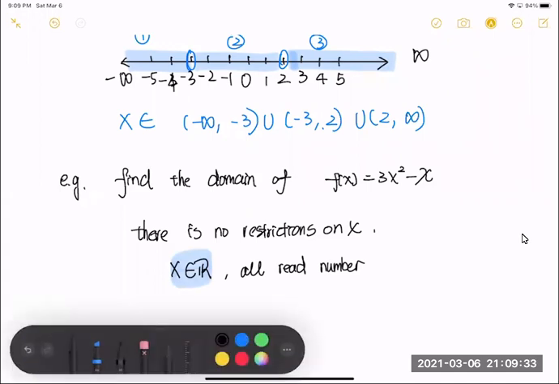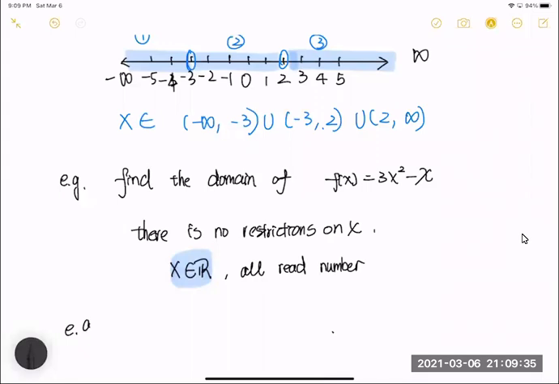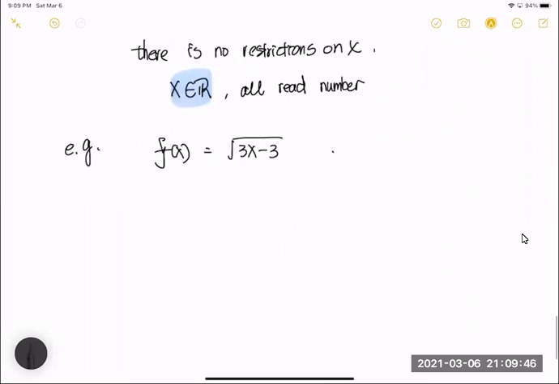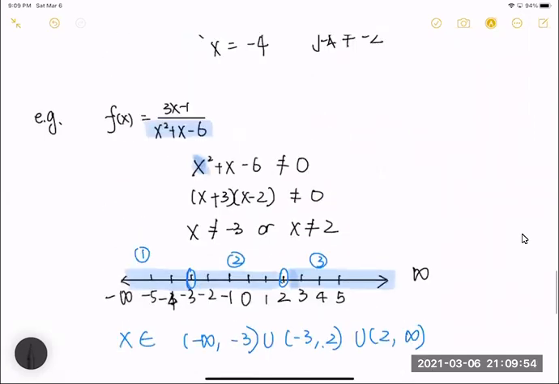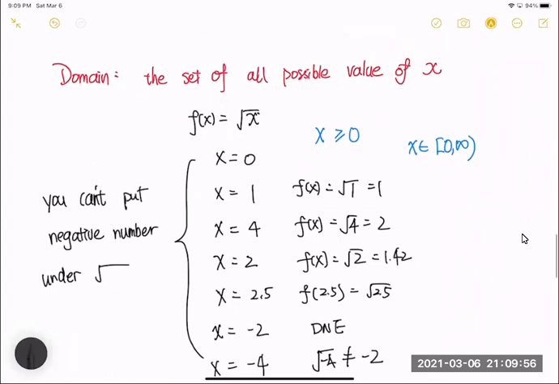Okay, what about a radical function? Now I want you to find the domain of the square root of 3x minus 3 for me. Well, when it comes to square root, you think about the most basic square root. We just talked about that at the beginning: you can't put a negative number under the square root, right?